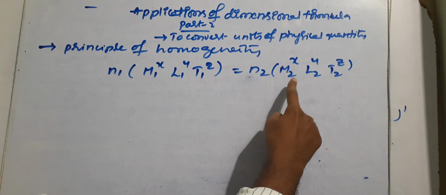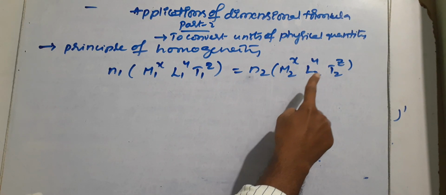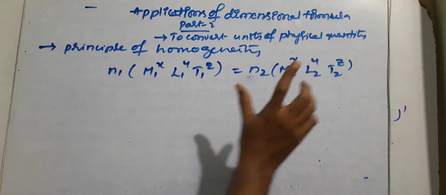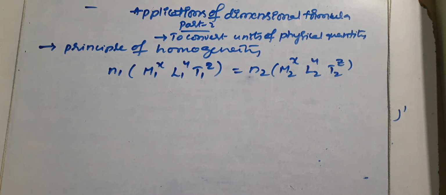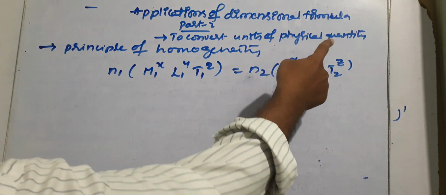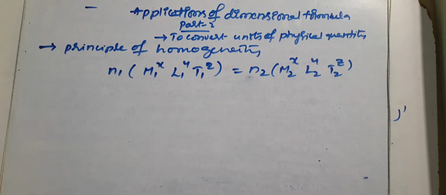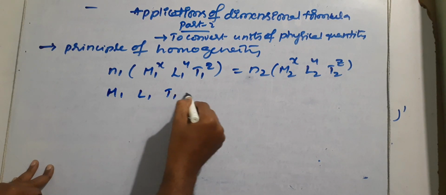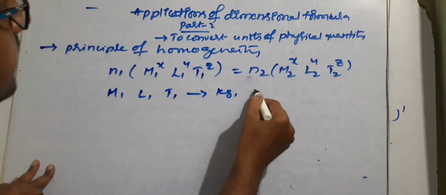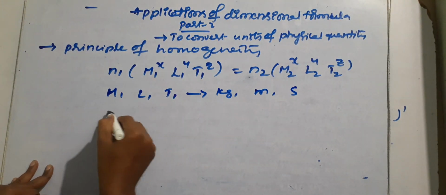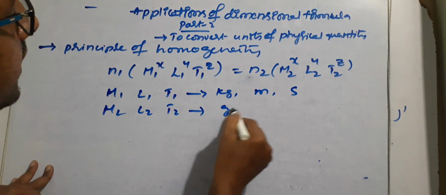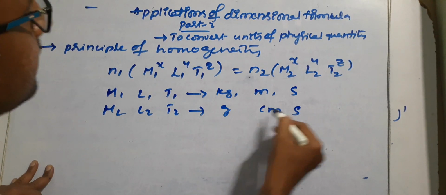M2, L2, T2 are representing the units of mass, length and time in CGS system as gram, centimeter and second.